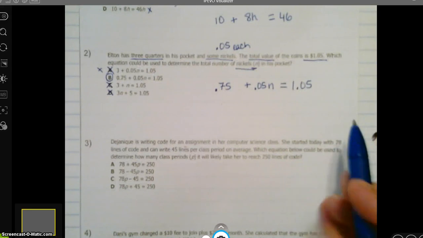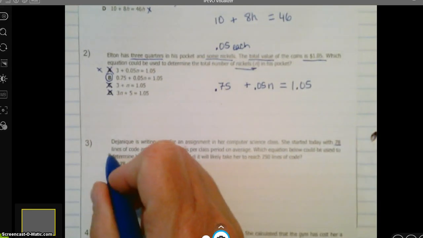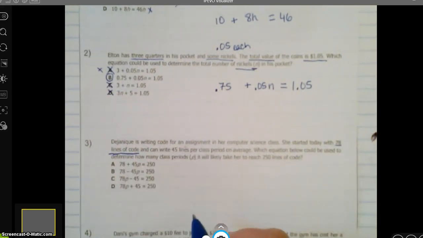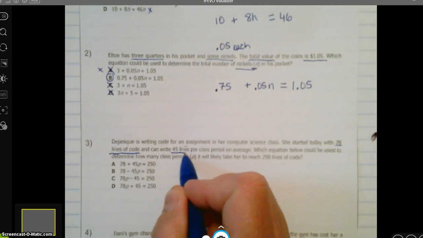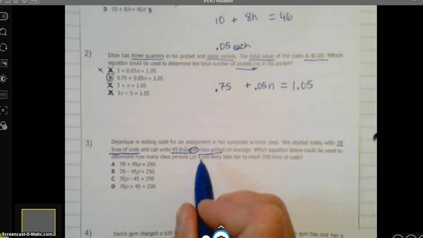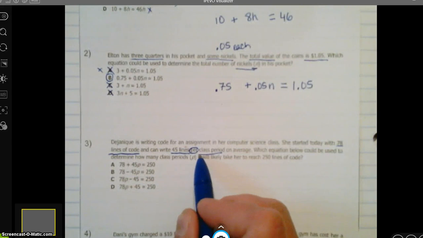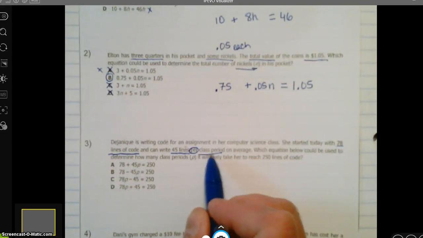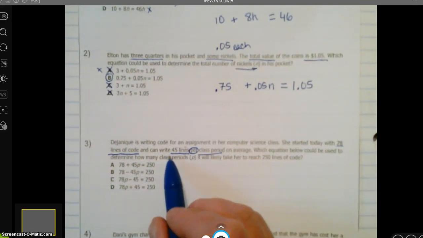So number 3 says Dejanique is writing code for an assignment in her computer science class. She started today with 78 lines of code, and she can write 45 lines per class period. So I'm assuming my variable is either class C or period P. She can write 45 lines per class period.